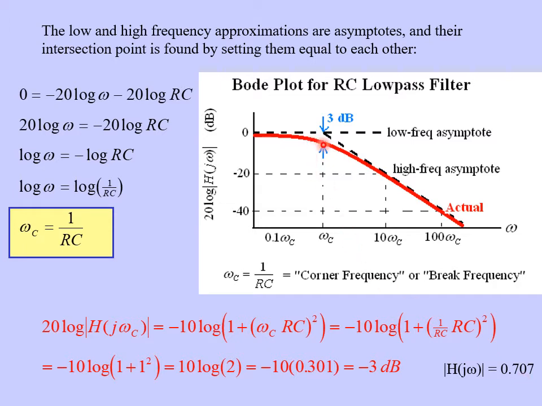The gain of this filter is 1 here. The filter passes all frequencies, so it has a gain of 1, which is 0 decibels. And then at the corner frequency, the gain is about 70%, 0.707, which on a Bode plot corresponds to 3 decibels.